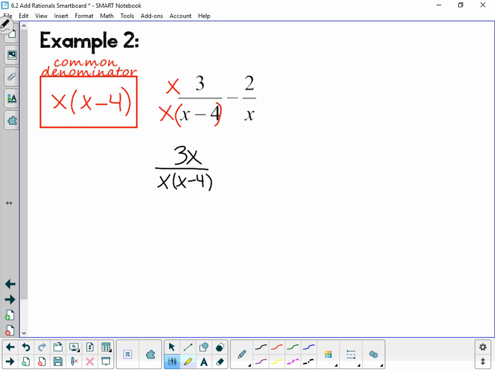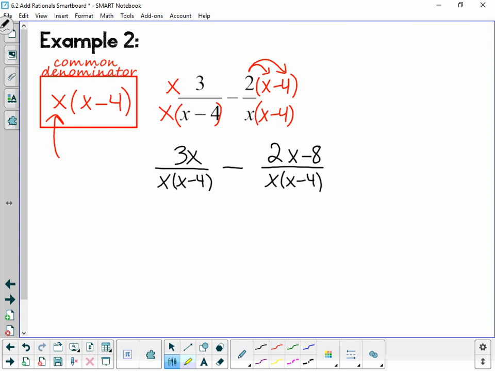Okay? Second fraction already has the x. It already has this part. So what it needs is a factor of x minus 4. So if we go ahead and think about distributing that 2, we're subtracting 2x minus 8 over x times x minus 4.